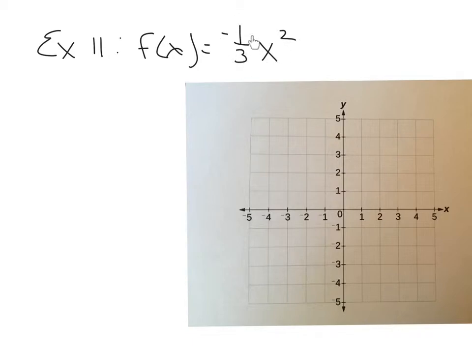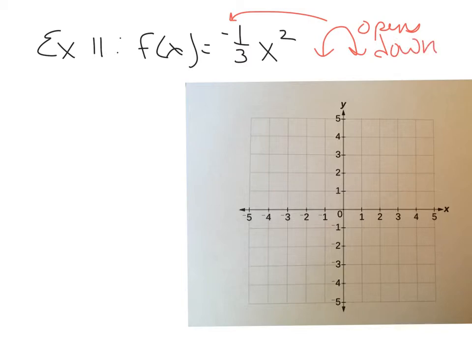And again, here we have the coefficient that is not 1. The first thing I noticed, though, is that we also have a negative here. So we remember from the last video that this negative causes this parabola to open down. Okay, so this opens down.